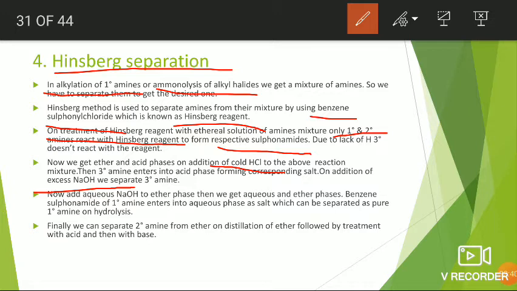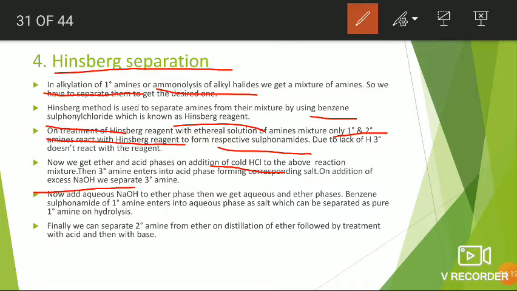Now we have to take the ether solution, or ether layer, which contains the sulfonamide of the secondary amine. We have to heat the ether solution, that is, we have to distill it.